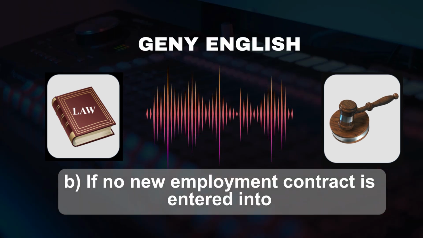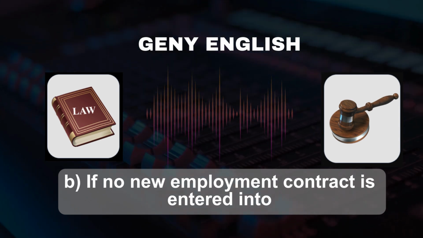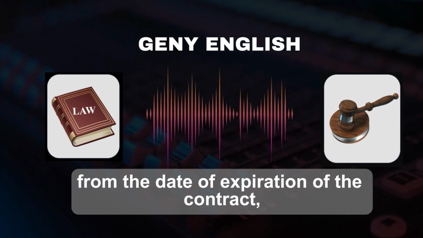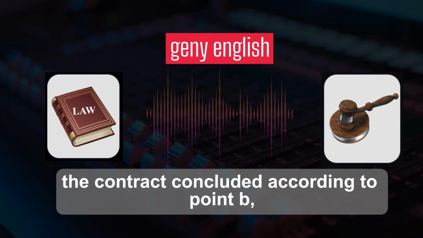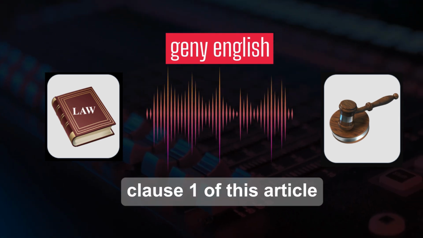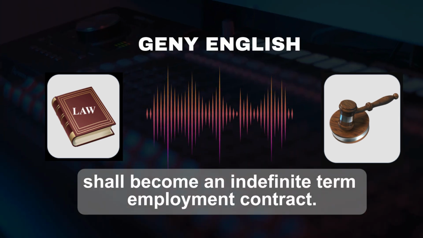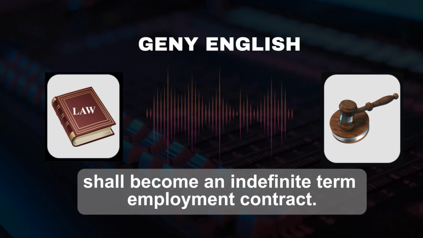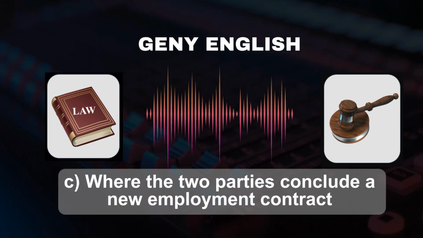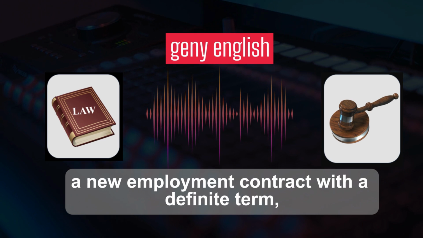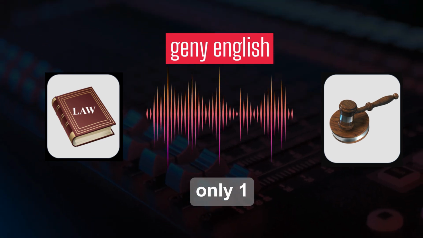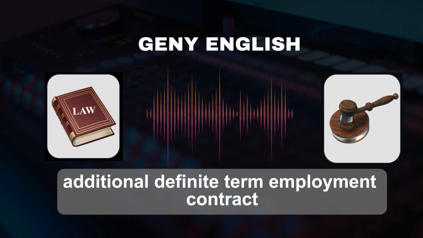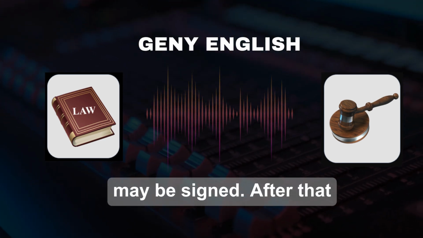B. If no new employment contract is entered into within 30 days from the date of expiration, the contract concluded according to point B, clause 1 of this article shall become an indefinite term employment contract. C. Where the two parties conclude a new employment contract with a definite term, only 1 additional definite term employment contract may be signed.